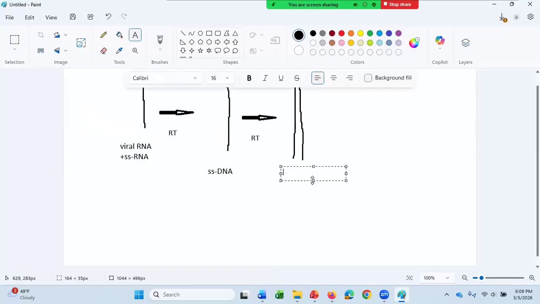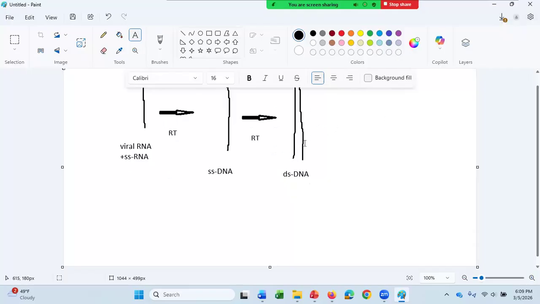And that's how reverse transcriptase works, starting from RNA and then making DNA, double strand DNA from it in 2 steps, but that's how it works. Any question about any of that?